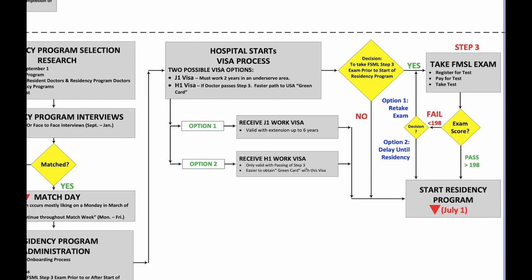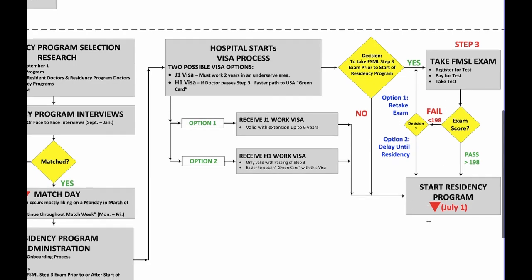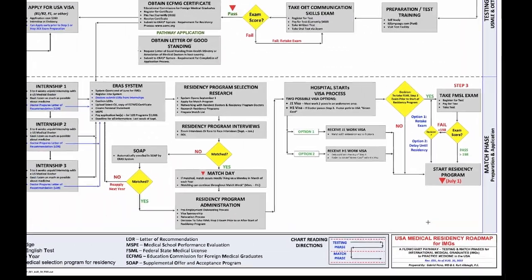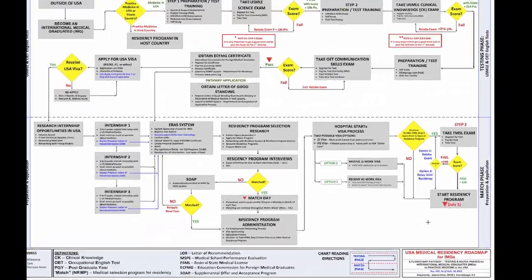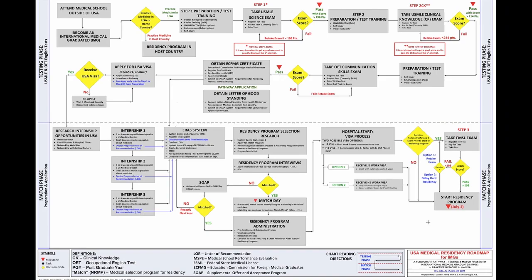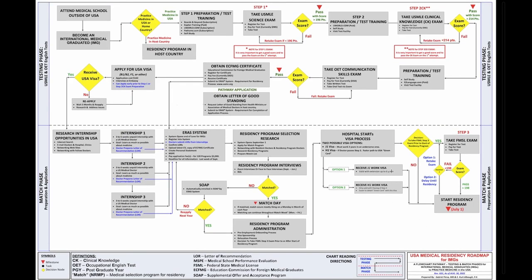And remember that this Step 3, if you're in internal medicine, you ideally take it early. Sometimes, if you're working on another residency position like orthopedics or other surgery programs, you can take a little bit longer to take that exam. And based upon that, once you have all that, you have to take the Step 3, and then you start your residency program in July. So pretty much that's the understanding of this pathway.